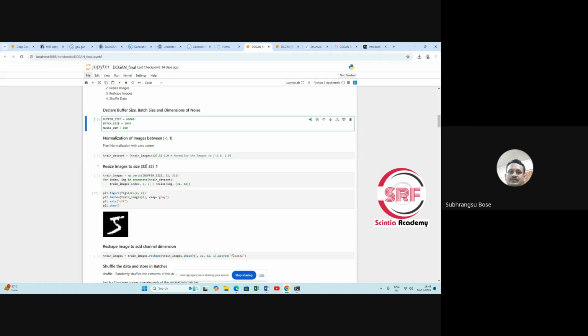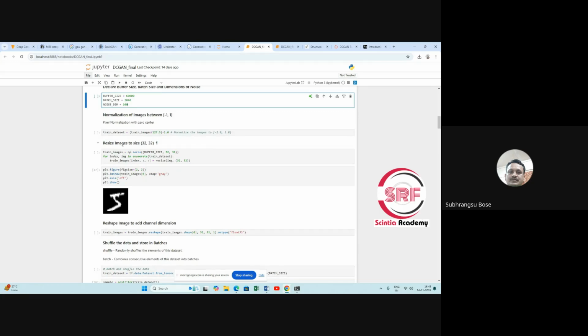That's the range from -1 to +1. What is the rule? A train image value may be 240, 230, 200: divided by 127.5 minus 1, this value will be within -1 to +1.